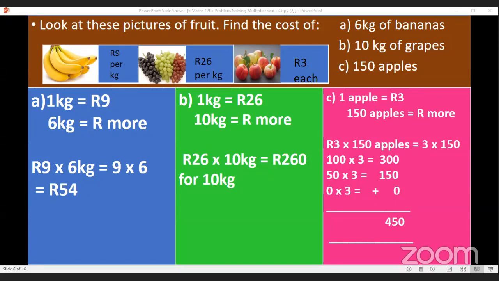So we're going to break 150 and multiply it by 3.